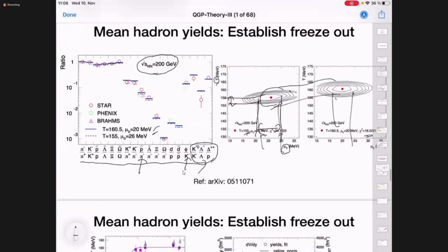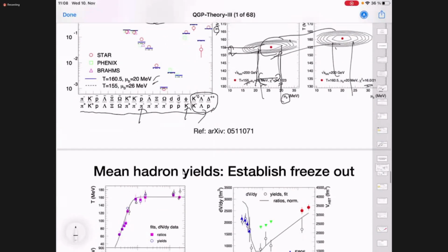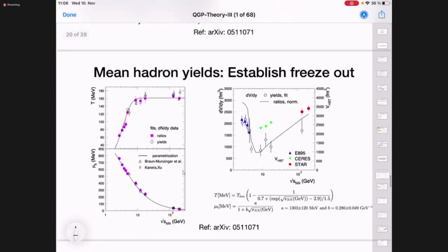And again, keep extracting this T, mu_B. This has been done by many people for a long time. I have taken results from here, and you see this is the kind of variation you get for temperature. You see a rapid rise up to about 10 or 20 GeV, and then a kind of saturation at around 150 to 160 MeV.